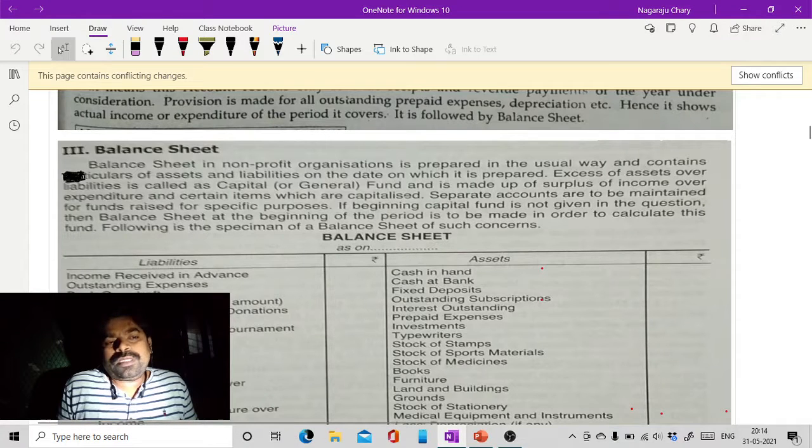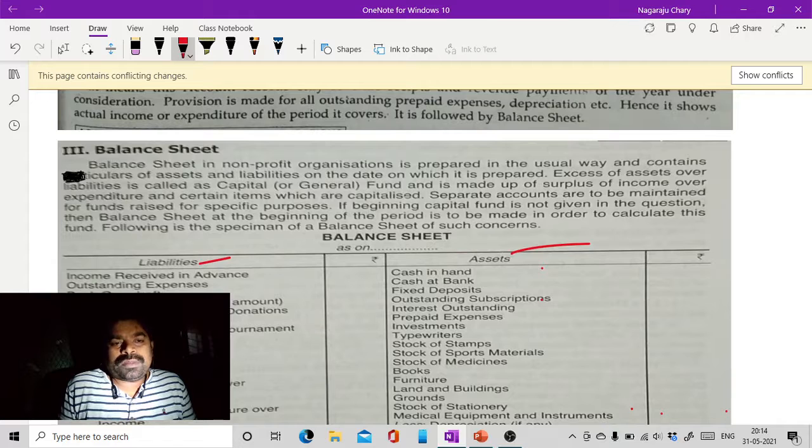So in this case, for non-profit organizations also, the same thing we discussed earlier is followed here also. But here we see the left side all the liabilities, the right side assets.